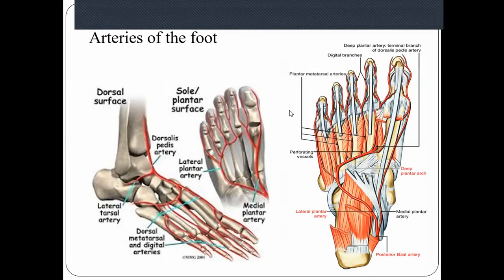First it crosses the sole onto the lateral side near the fifth metatarsal bone, and then it curves medially and runs to the medial side to join the dorsalis pedis artery to form the plantar arch.